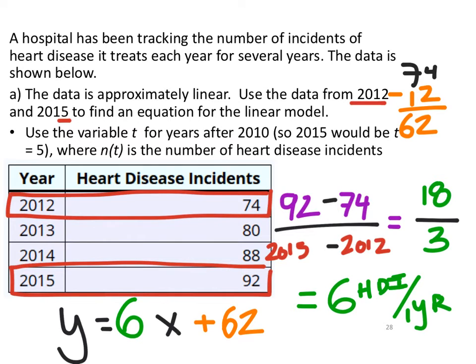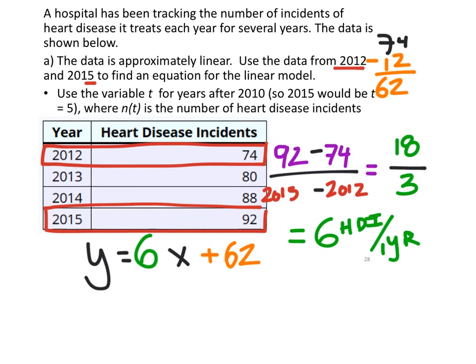Now this is general slope-intercept form with the y and the x. But they did say that they wanted it written where n of t is the number of heart disease incidents, right? So that's not a problem now that we have it written in slope-intercept form. So let's see, n of t, right? So the x is the t, that's the time in years, and n is the number of heart disease incidents. That would be our y value.